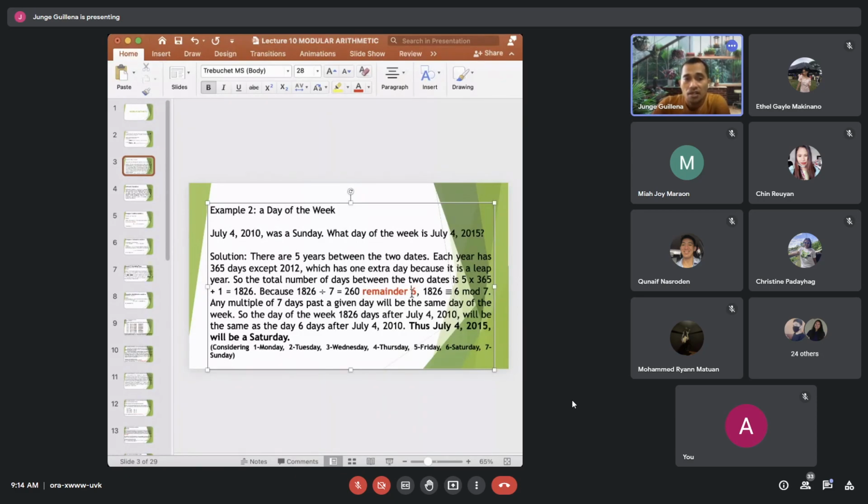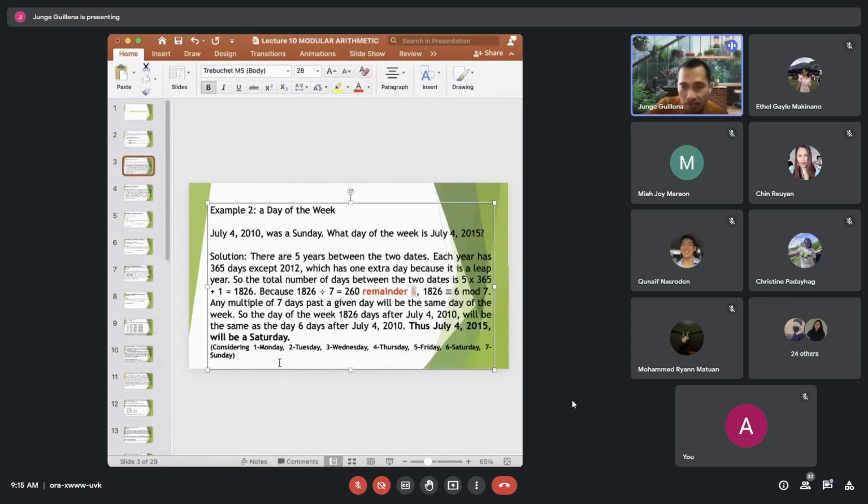So since ang atong remainder diri is 6, so in other words, ang July 4, 2015 is just same to 6 days after July 4 in 2010. Okay, so in that case, July 4, 2015 will be a Saturday.